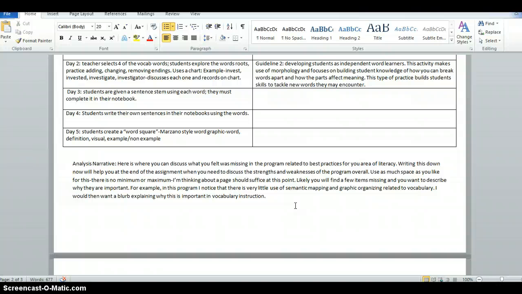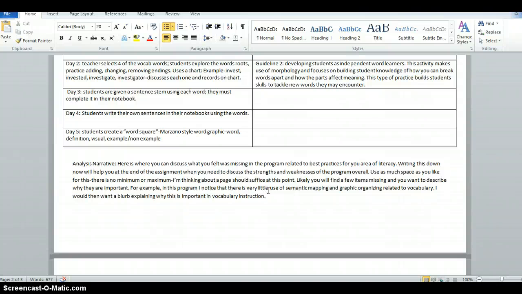So remember before when I said, even though you only are going to look at the one week, you're going to want to go through the rest of the program to see how they handle vocabulary instruction, because maybe for some reason in this program week 4 was just a week where they didn't do any semantic mapping in relation to vocabulary, but then when I quickly looked at weeks 1, 2, and 3 I saw, oh, they did a ton of it, so then I might not add this to my analysis piece.